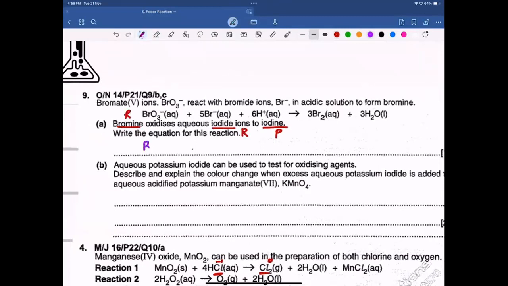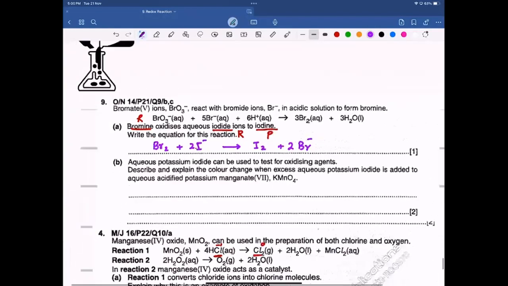So bromine is going to be Br2, iodide is going to be I negative, right? And what is it forming? Iodine. So it must be 2 iodide. So if iodide turns into iodine, then bromine must turn into 2 bromide. So that's how the equation will be.